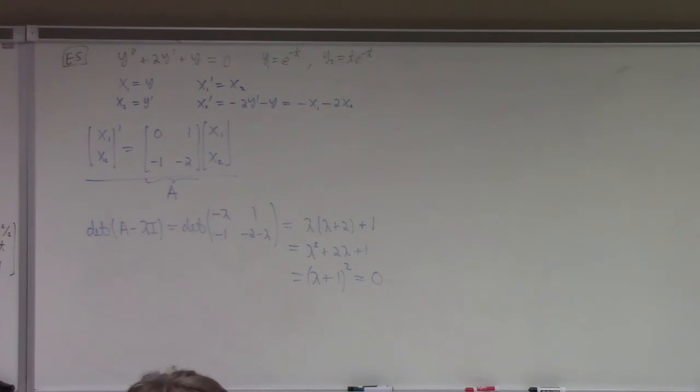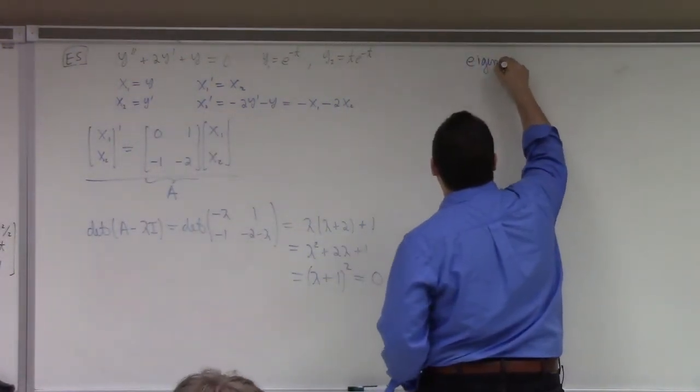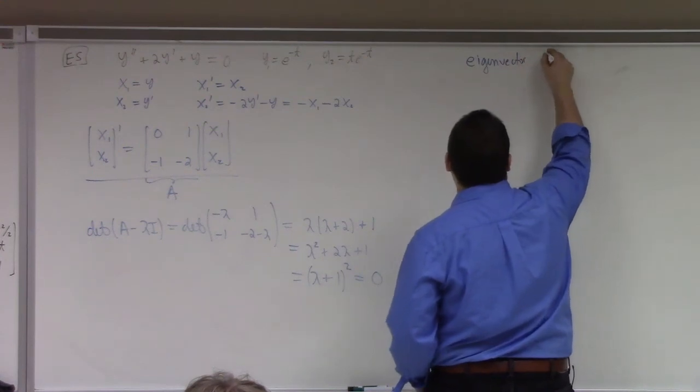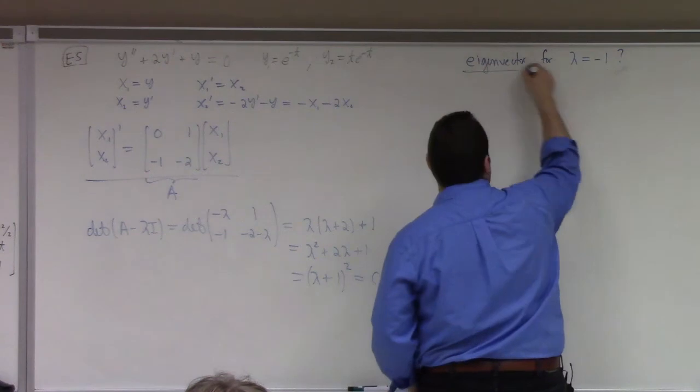All right? What are the eigenvectors? Eigenvector for lambda equals minus 1. So what do we have to solve?